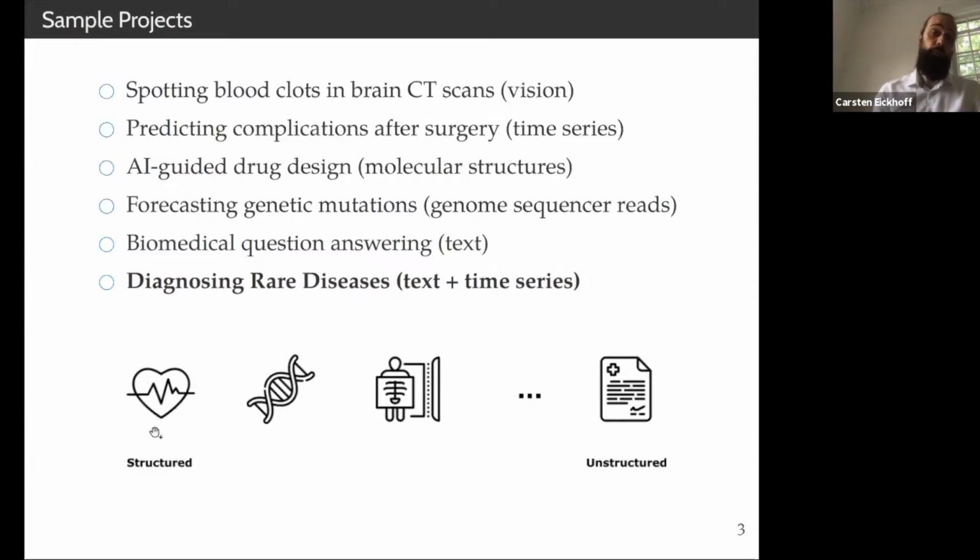That's something that we like as machine learners. And then we have somewhat less structured data, such as genome sequencer reads, and even less structured data such as imaging. So radiology, where you know it's always going to be an X-ray, it's always going to be a chest, but you might not know what each individual pixel is, because people have anatomical differences, and you might not know that a certain pixel range is always going to be this particular rib.